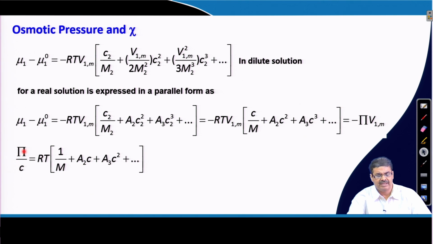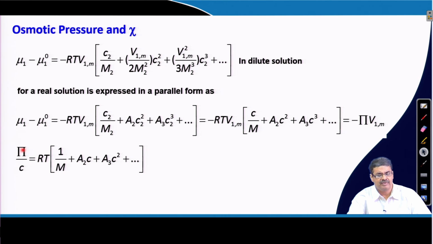So, finally, we can express the osmotic pressure, where this concentration is the concentration of the polymer, M is the molecular weight of the polymer, c is the concentration of the polymer in solution, and these are the virial coefficients.